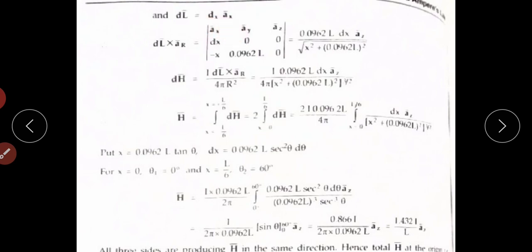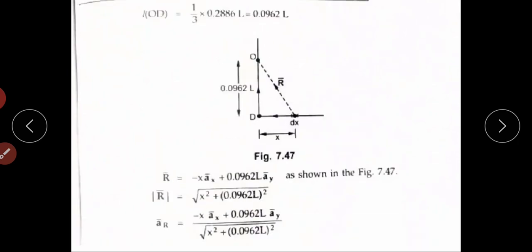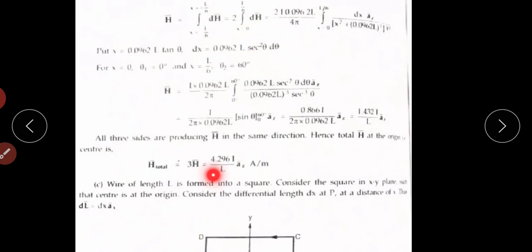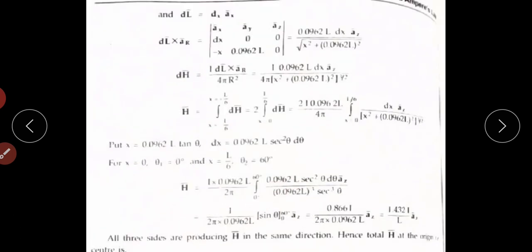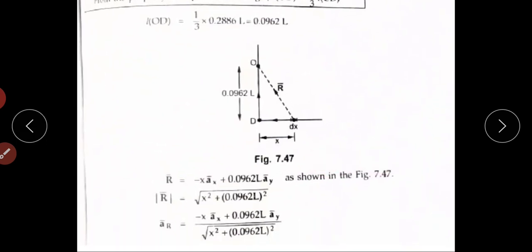So first, ax, ay, az. For dL bar, the ax bar component is dx, the ay bar component is 0, and the az bar component is 0.